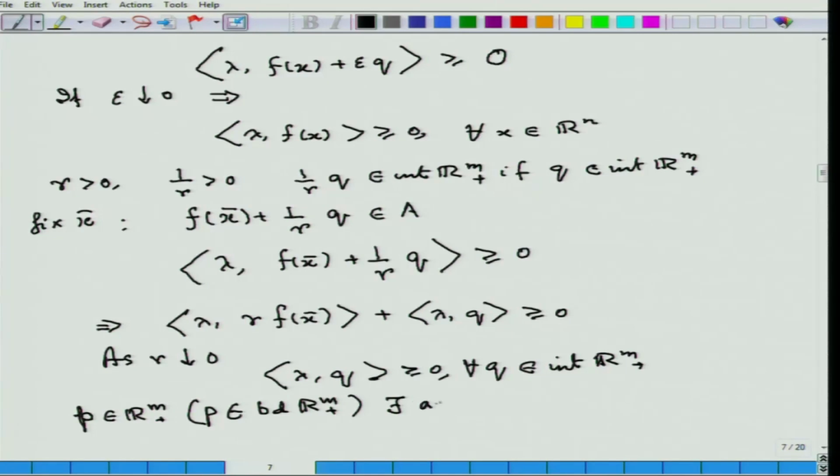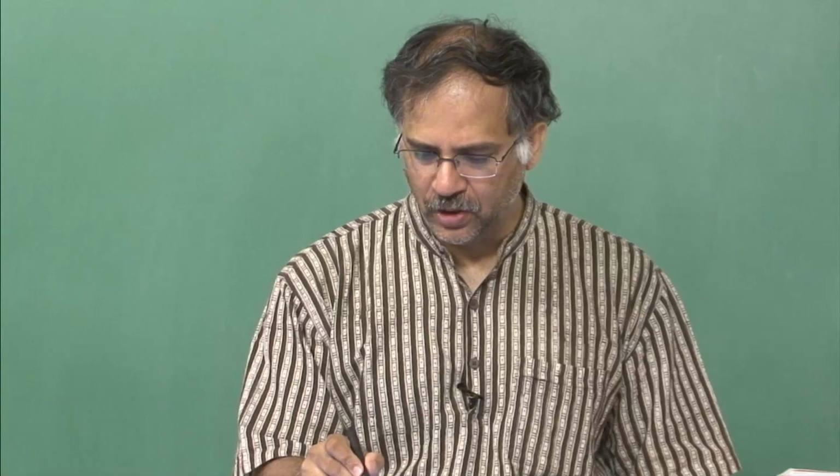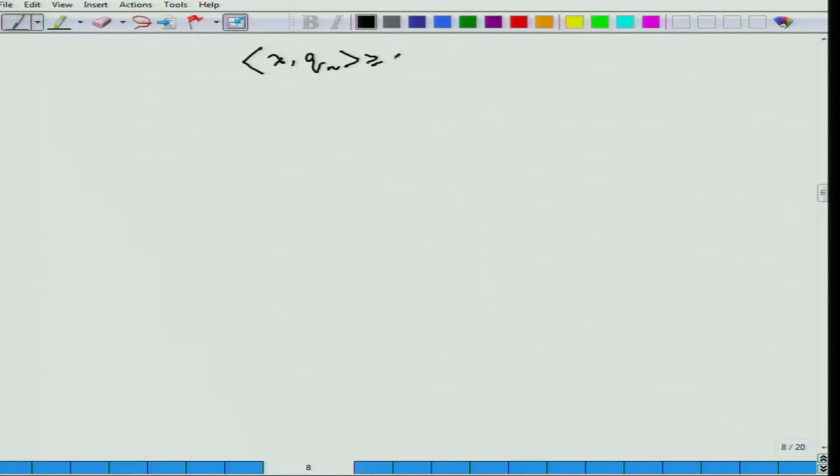So, there exists a sequence q n with q n in the interior of R m plus such that q n converges to p. Then what I have is again that lambda of q n is greater than or equal to 0. So, this would immediately show, as n tends to infinity, lambda of p is greater than or equal to 0, but this p was an arbitrary element.